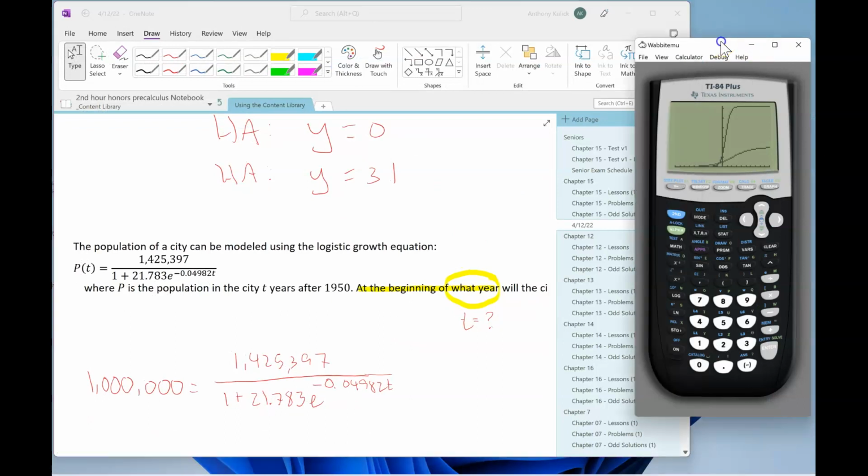Graph it on my calculator. So 1 million, 1, 2, 3, 4, 5, 6 zeros. And then I'm going to use the fraction command for sure here.